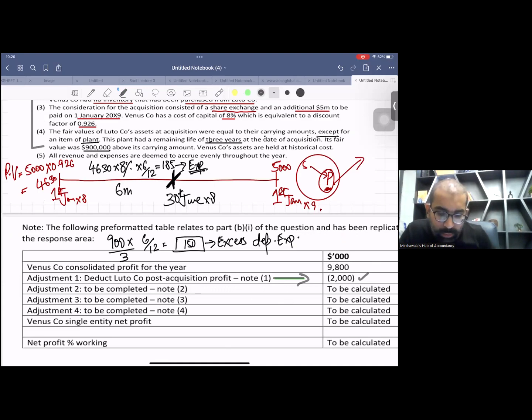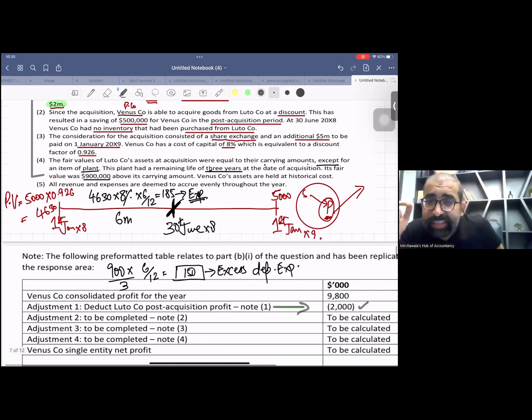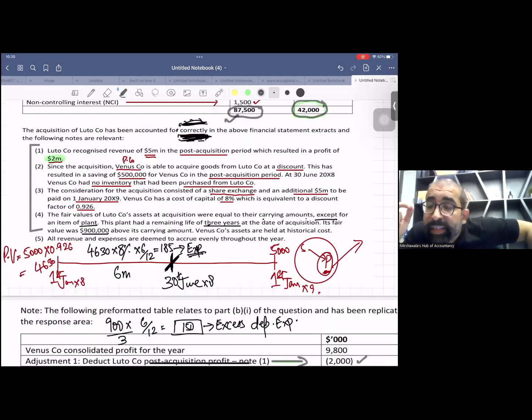Now, what else can you do? Just one word from my side, please. If you get any benefit of consolidation, that means an income type thing, you have to deduct it. And if there is an expense type thing, you have to add it back. We have to do the working as if there is no consolidation, no S company.